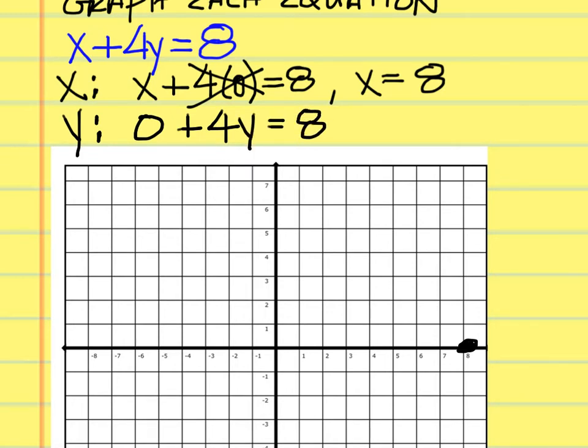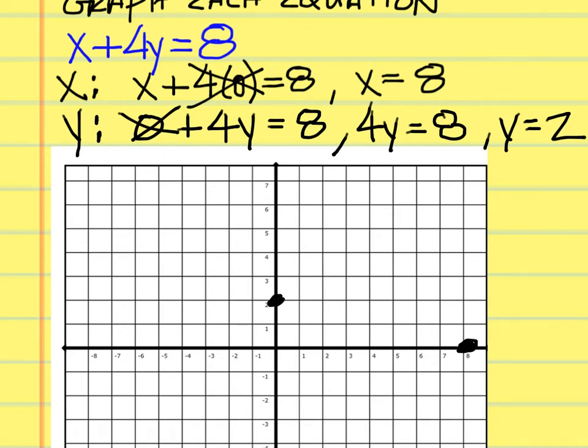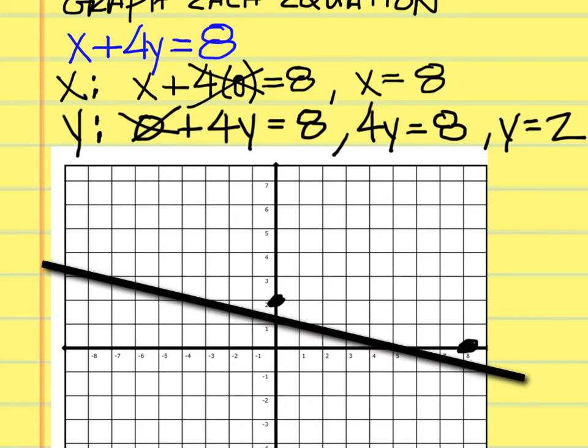And notice what happens. This cancels out. You're left with 4y equals 8. That means that y must be 2. So put a 2 on the y-axis. You have 2 dots, so draw your line.